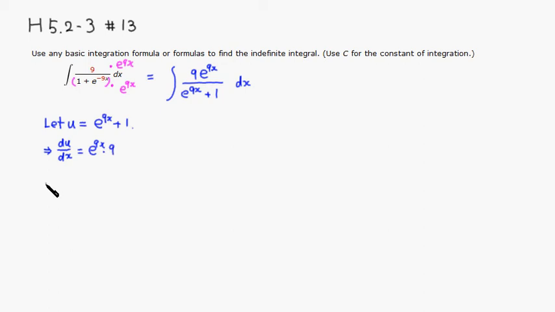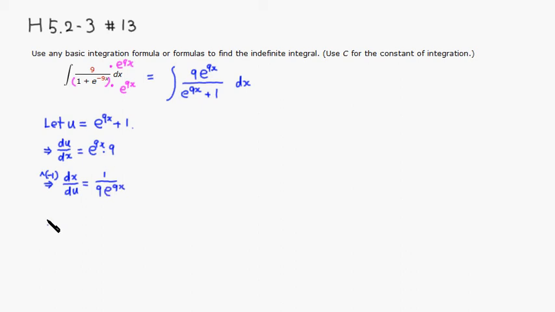The next step would be to take the reciprocal of both sides. So I'll write it as raising it to the negative 1 power. So put it upside down. So dx over du is equal to, upside down, 1 over 9 e to the 9x.